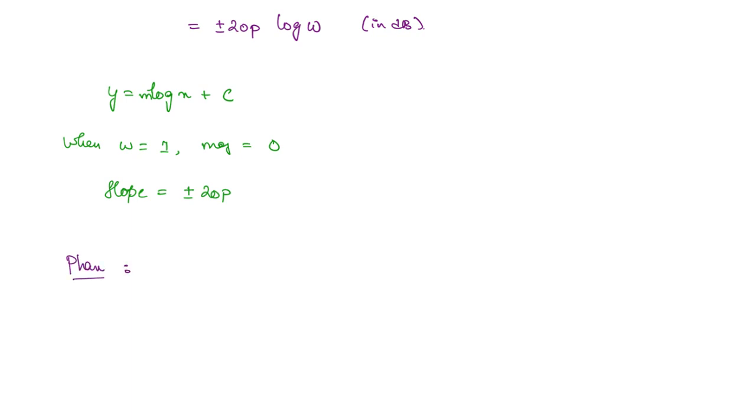The phase is given by angle of G(jω) equal to plus or minus p times 90 degrees, because one pole or zero at the origin has an angle of 90 degrees. Positive implies a zero, negative means a pole, and p is the number of poles or zeros. This is independent of frequency, so it is going to be a straight line irrespective of the value of frequency.